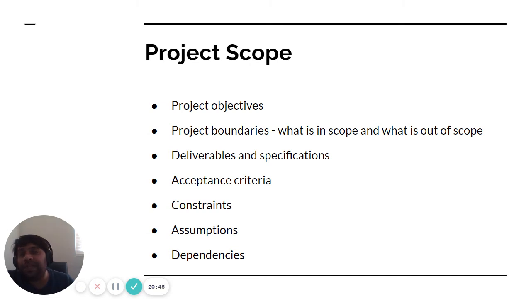Deliverables and specifications. What are the deliverables, what are the checkpoints where we will deliver, and the specification includes what kind of things we will include whenever we are delivering. If you are talking about autonomous vehicle features for Tesla, version 1 will include autonomous driving with lane assistant.